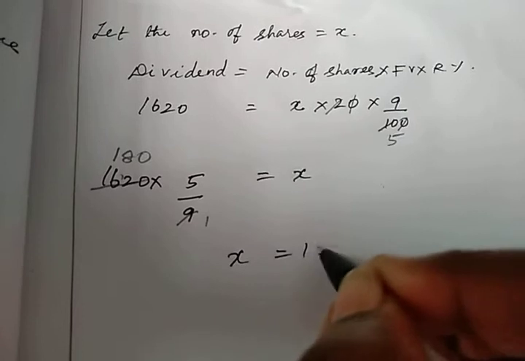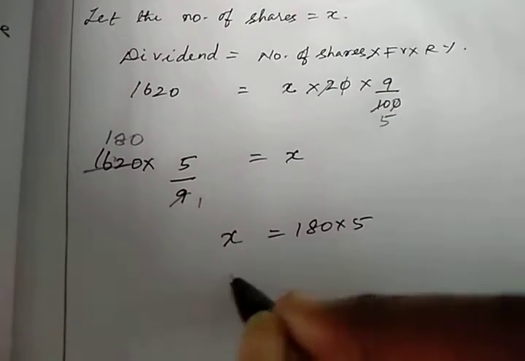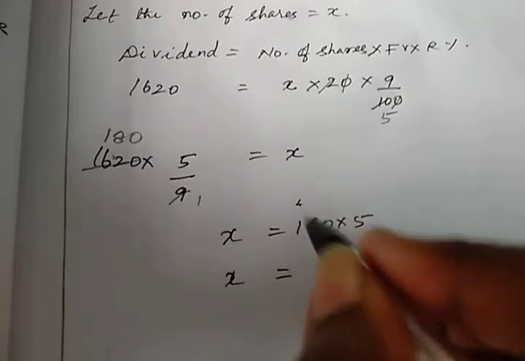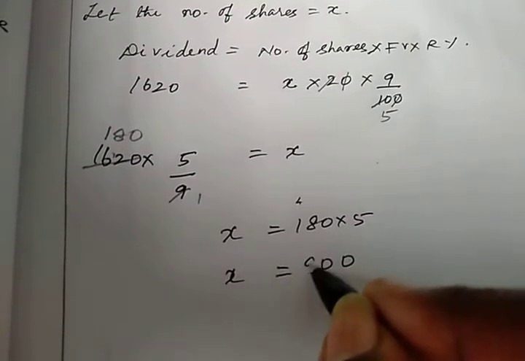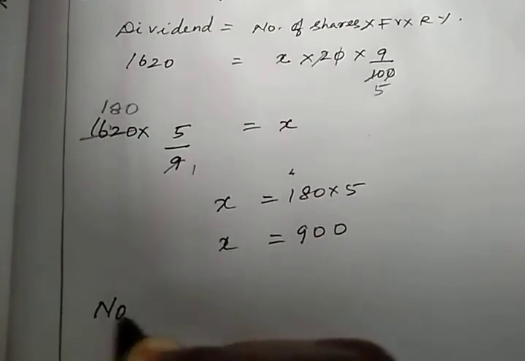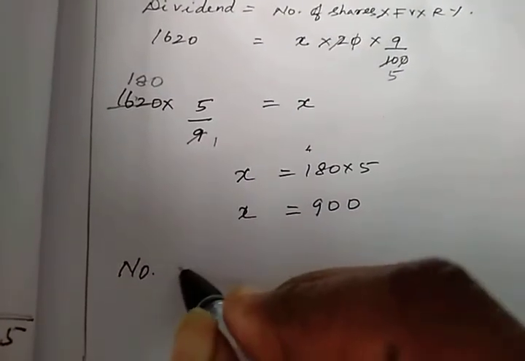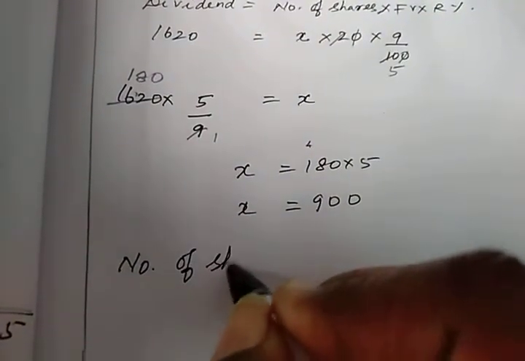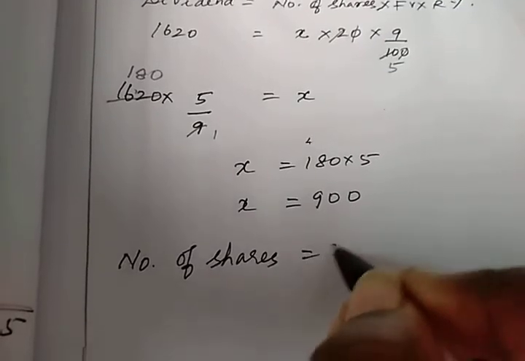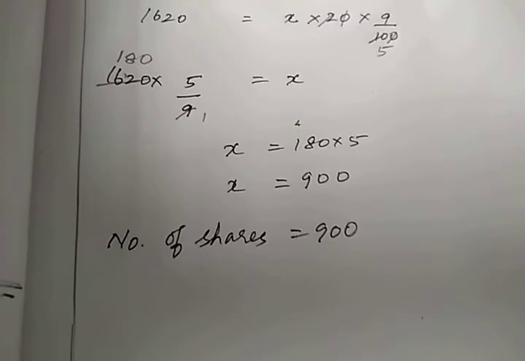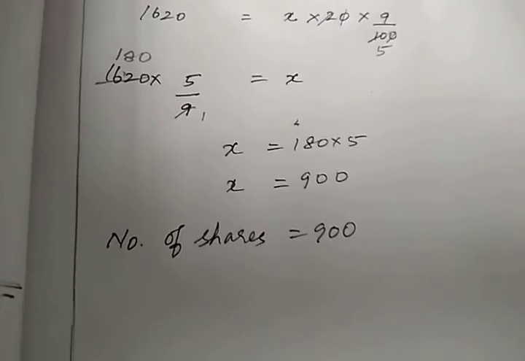X equals 180 into 5. 5 zeros are 0, 5 8s are 40, 1 5 is 5, 5 plus 4 is 9. So how many shares are there? We have bought 900 shares. Number of shares equals 900 at the rate of 20 rupees. So with this, sum number 3 is completed.